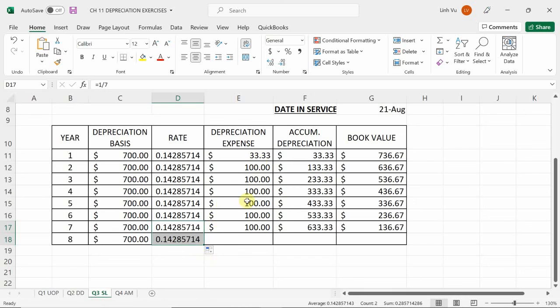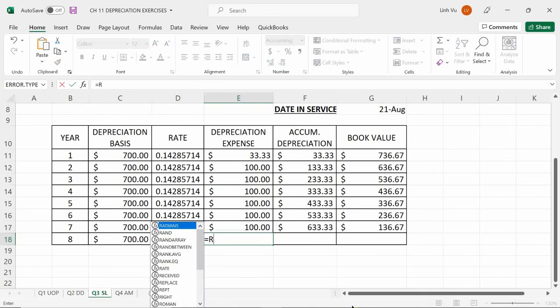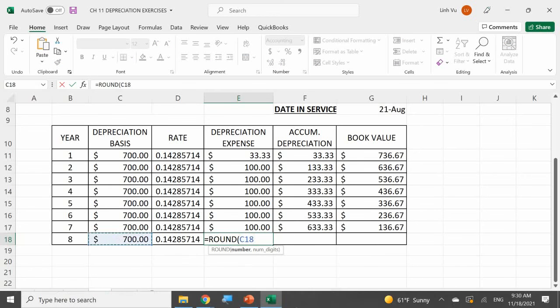Now, however, is my depreciation expense going to be the same? No, it's not. Because how many months do I have left on this asset? I have exactly 8. So in this case, I have to figure out this calculation here, where I can only depreciate it up to 8 months.